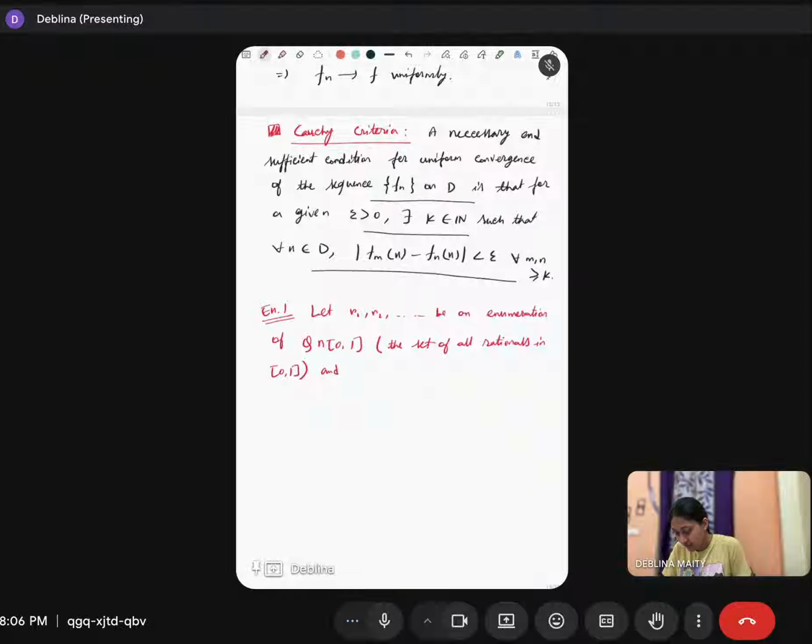And a sequence of functions fn is defined on [0, 1] by fn(x) will be 0 if x is R1 to Rn and 1 otherwise.